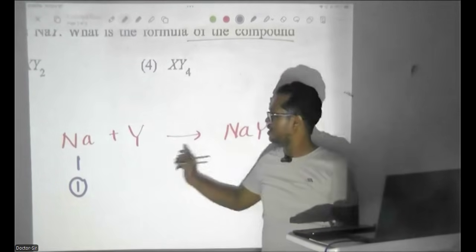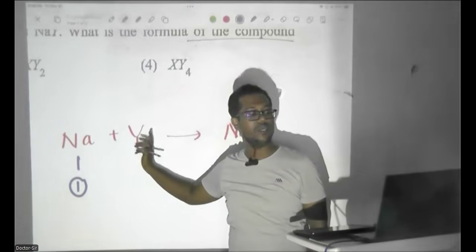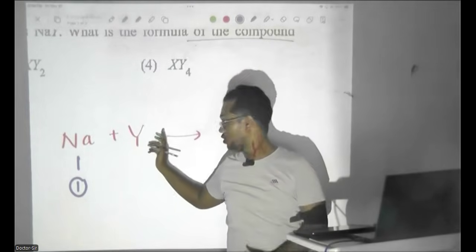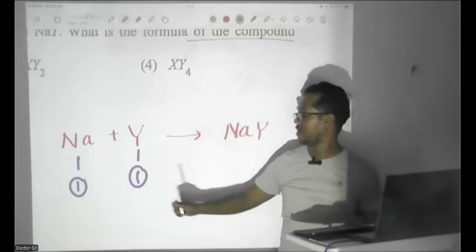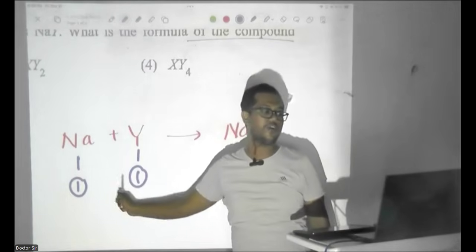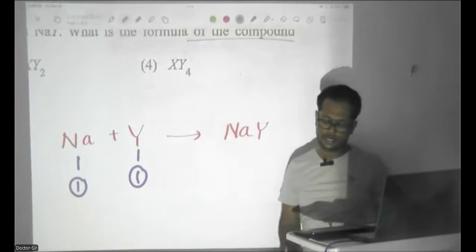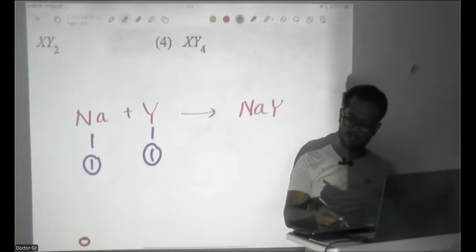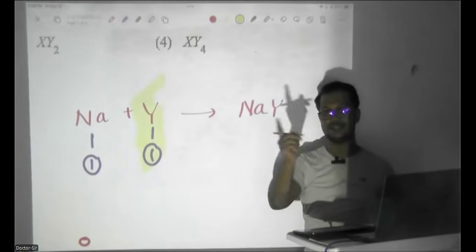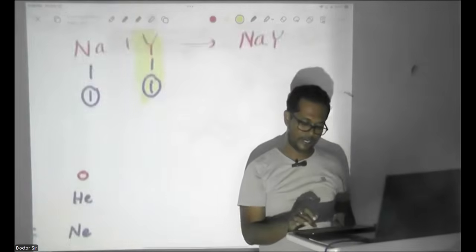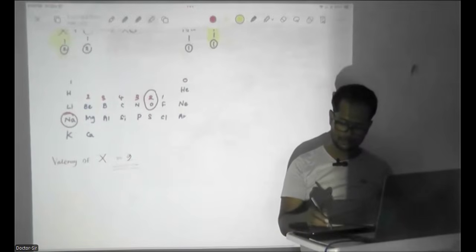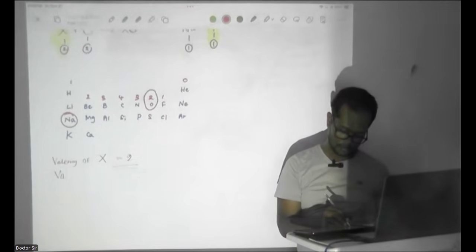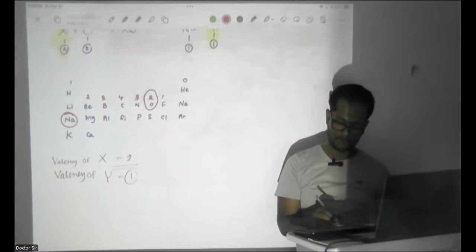Definitely Y should also have valency 1. Why? Then only they will become a 1:1 ratio. Now we know the valency of X and the valency of Y. The valency of Y is 1.